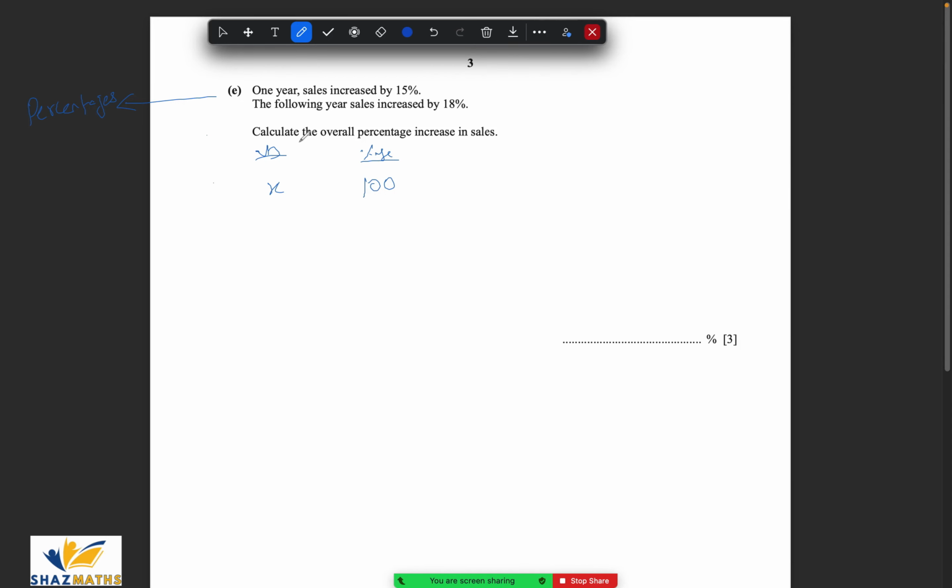So the original value that I've just assumed as X, that we are supposing at 100%, it is increased by 115%. So what would be the new value? Let's call that Y. Y equals X times 115 divided by 100, which is 1.15x. And now it says that the following year sales increased by 18%. Now this value would be our 100%.